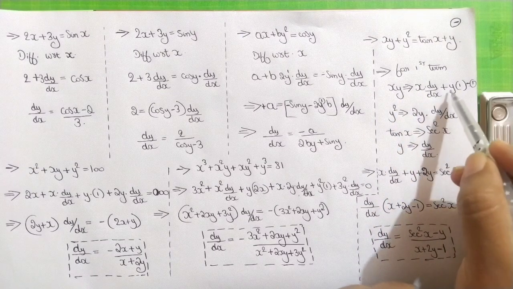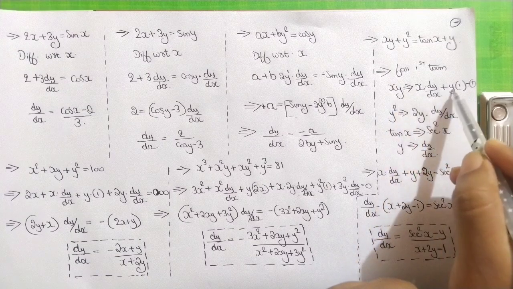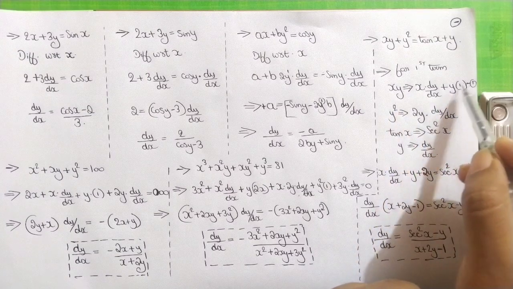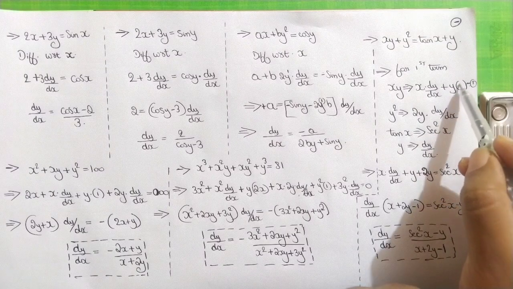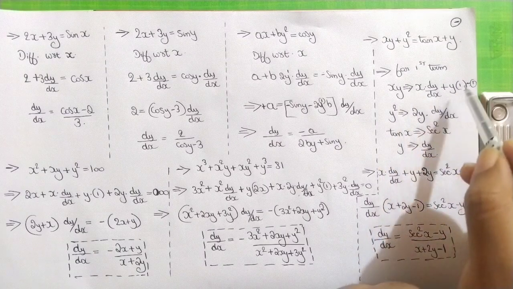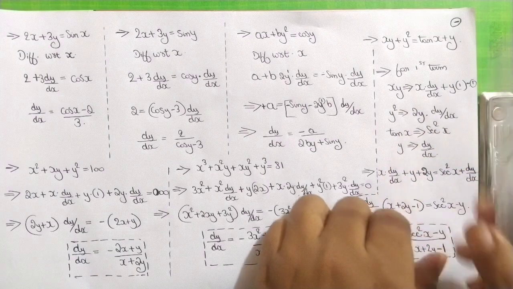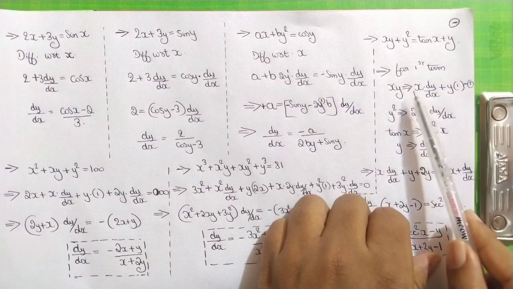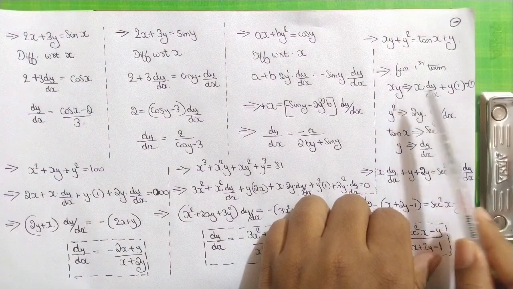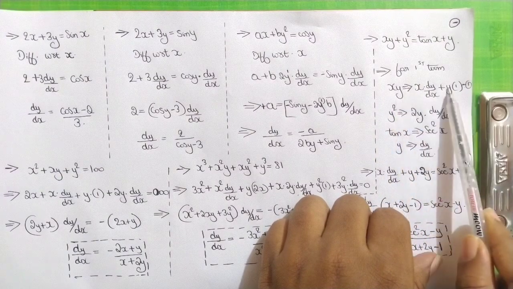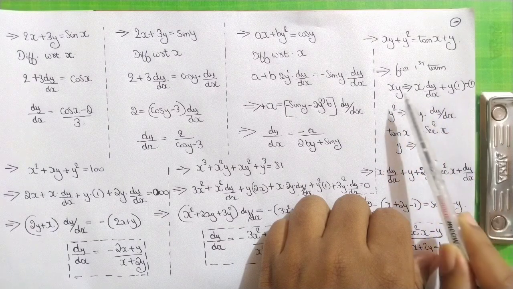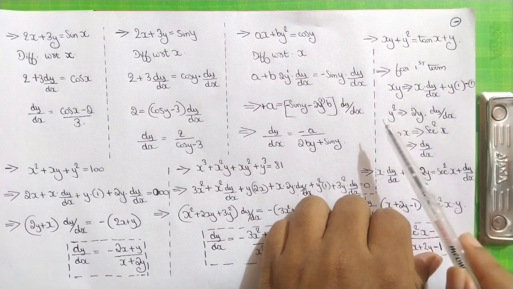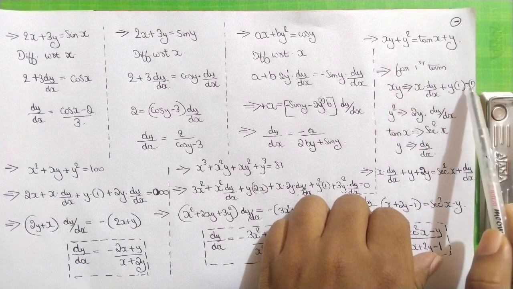Then take y as the first term here, and the differentiation of the first term, x with respect to x, is 1. Let me tell you again: first term into differentiation of second term plus second term into differentiation of first term. That's it. This is equation 1.